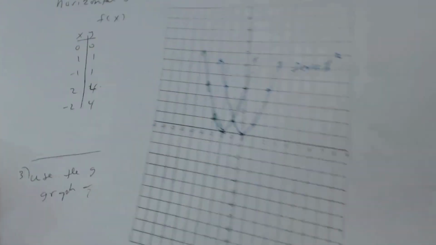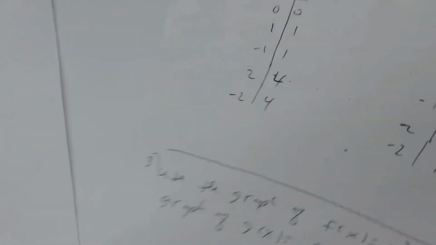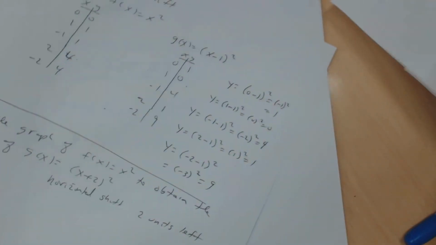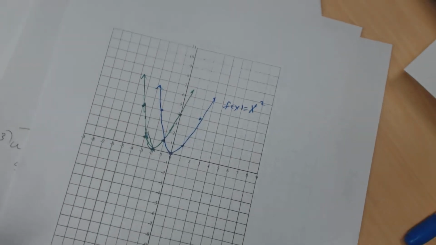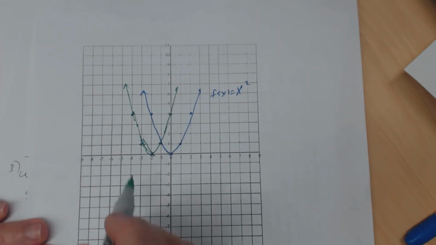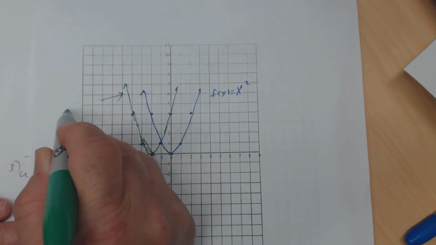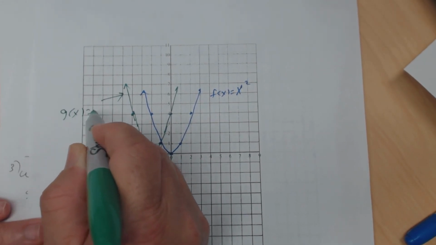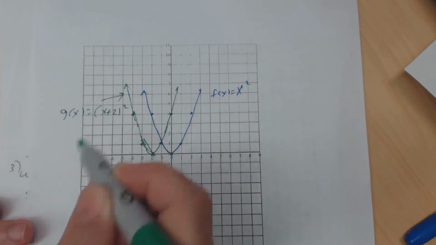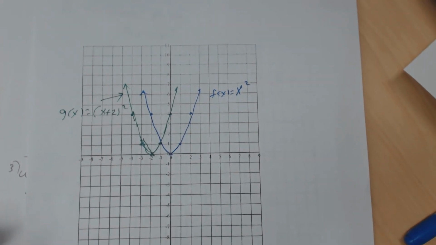All right, so that was that one. Now what about this one? Make sure, I forgot to mention this, make sure you tell me on the worksheet that this is the final one you're interested in. So you can say this is going to be g of x, which equals x plus 2 squared. Okay, make sure you say that.